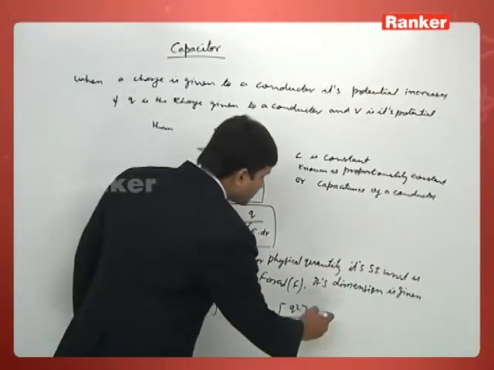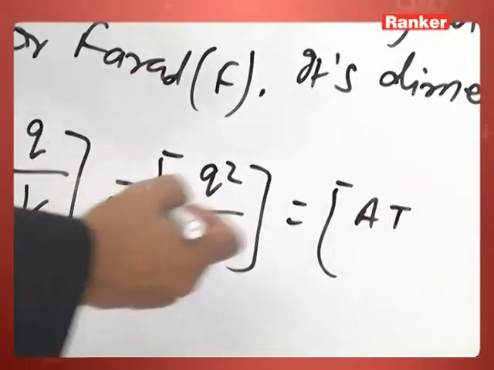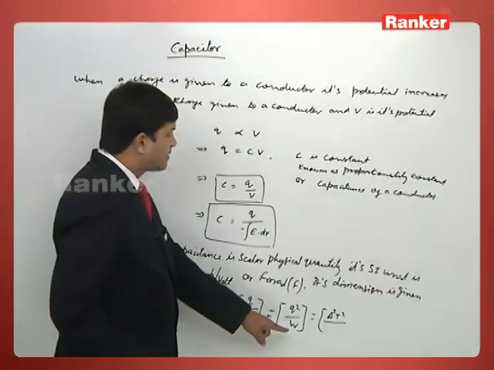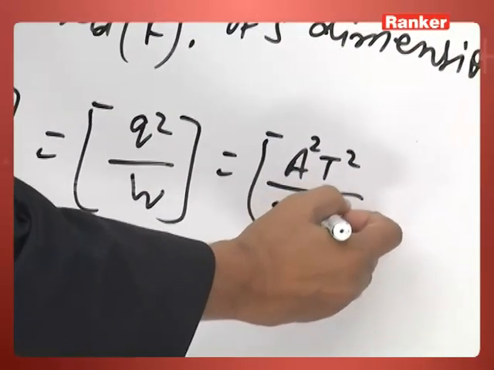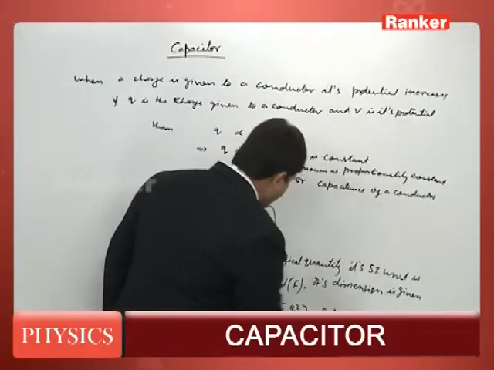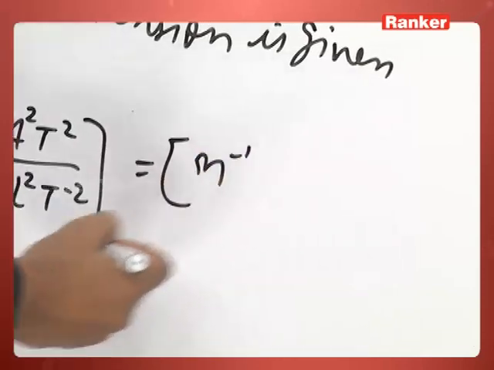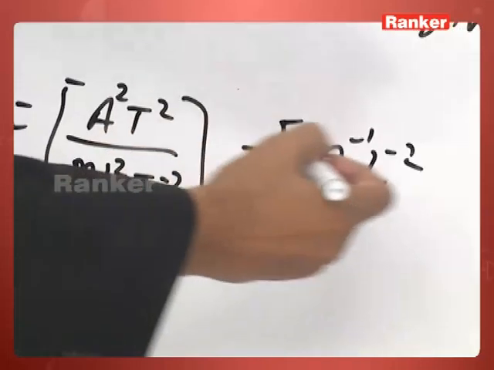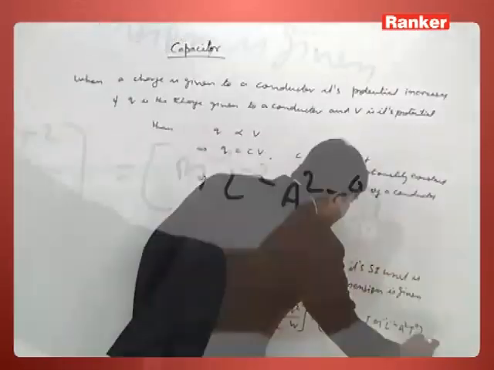The dimension of charge is A T, so Q square becomes A square T square, divided by the dimension of work done, M L square T minus 2. So finally, the dimension of capacitance is written as M minus 1 L minus 2 A square T to the power 4.